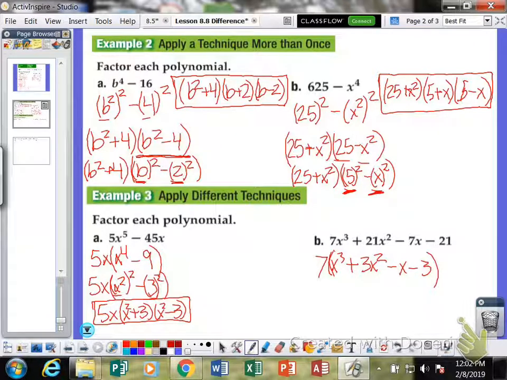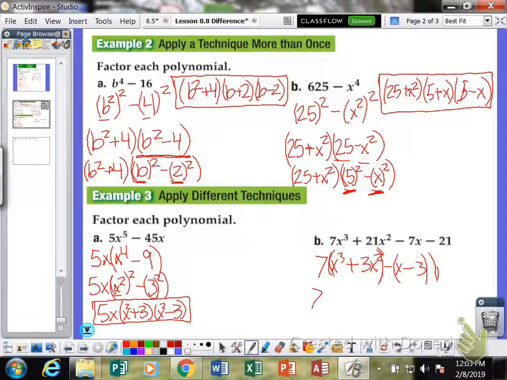So x cubed plus 3x squared, minus x minus 3. I group those together.